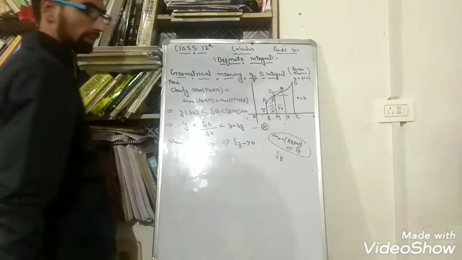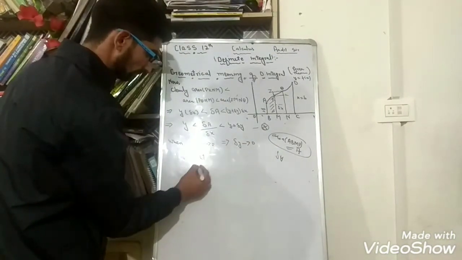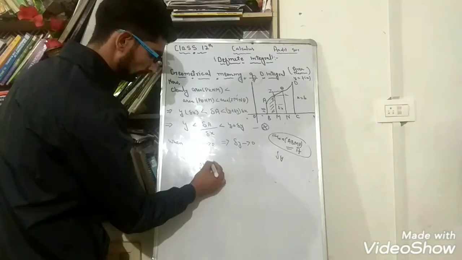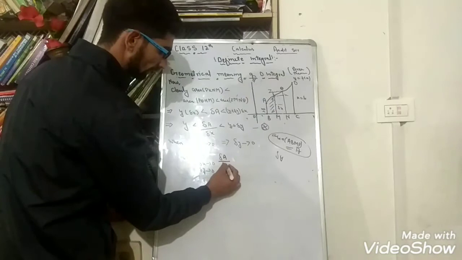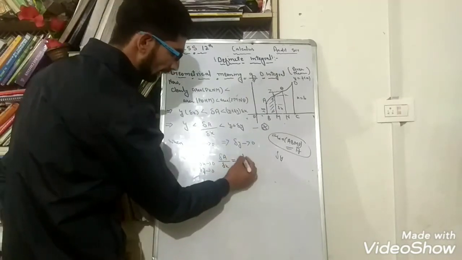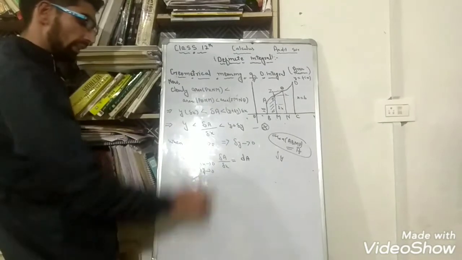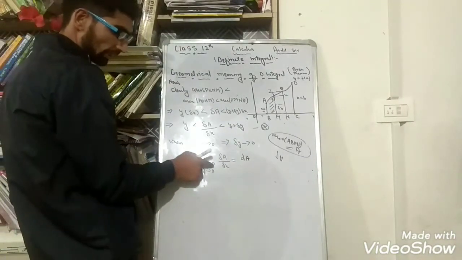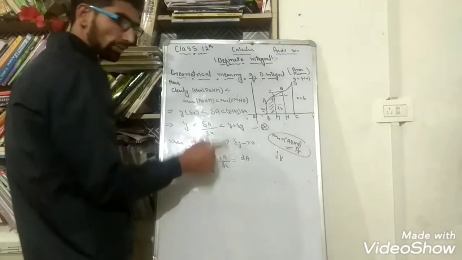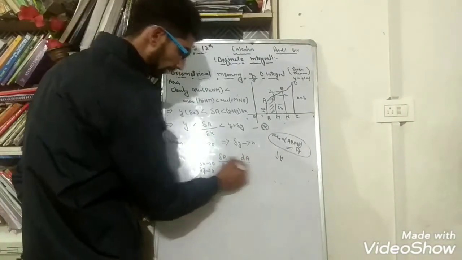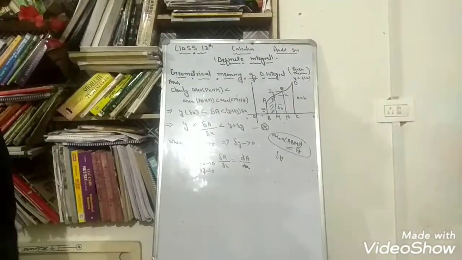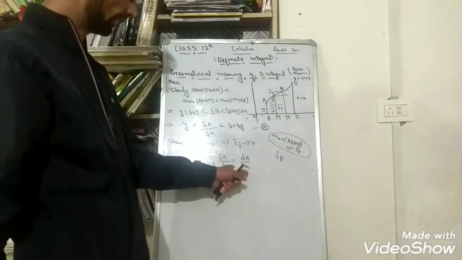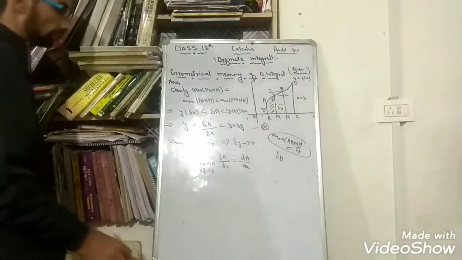Therefore, the limit as del X, del Y turns to 0, this del A divided by del X will be equal to, by the definition of derivative, which you have already discussed in differentiation, that when del X turns to 0, del Y turns to 0, this will be equal to d of A divided by d of X, the derivative of A with respect to X. So these things you have to keep in consideration.